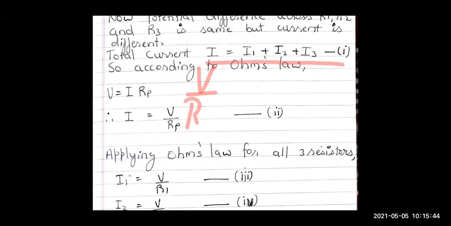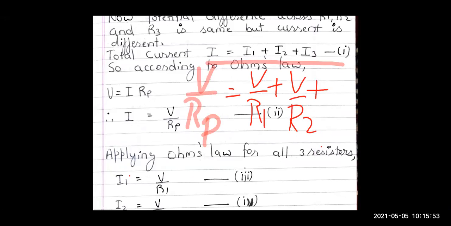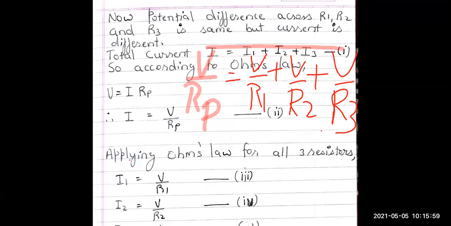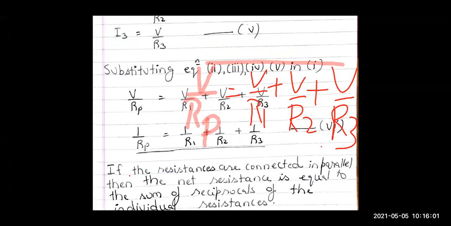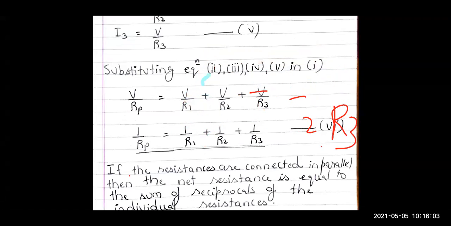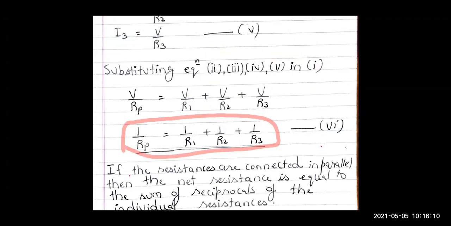V upon Rp equals, in place of I1, V upon R1, in place of I2, V upon R2, in place of I3, V upon R3. We will take V common from both sides, and V will get cancelled, and the final equation is 1 upon Rp equals 1 by R1 plus 1 by R2 plus 1 by R3.